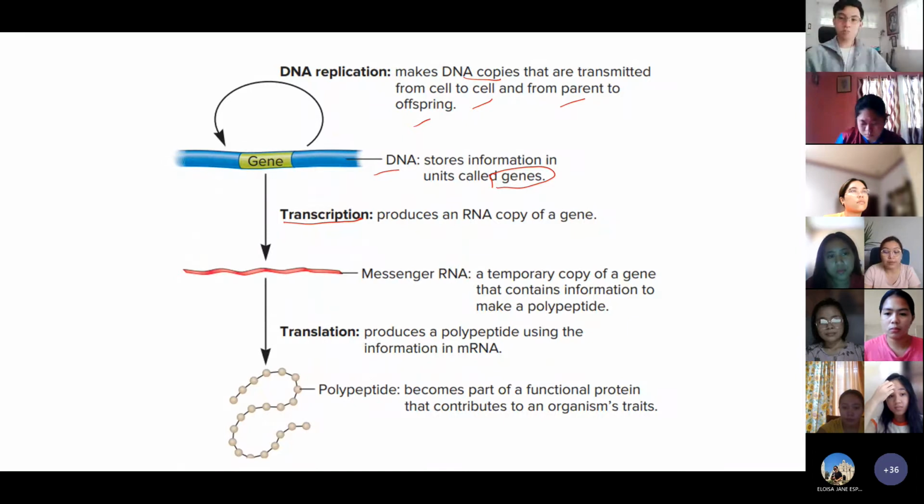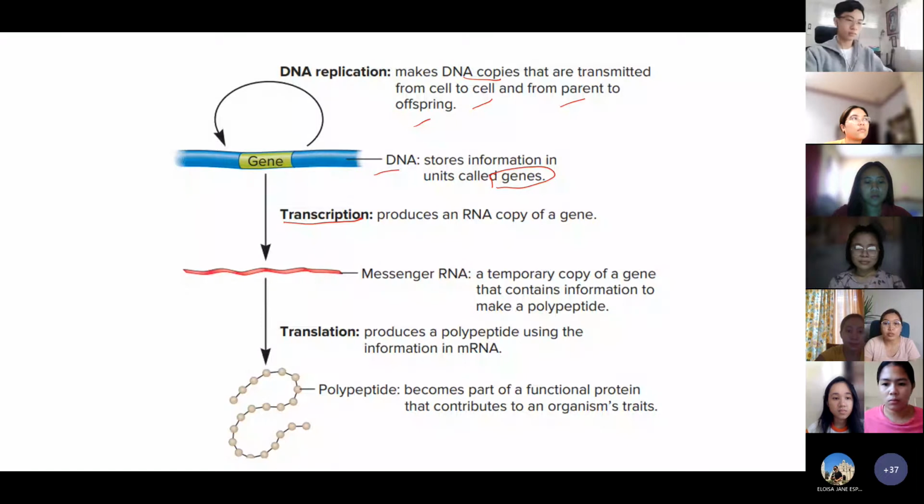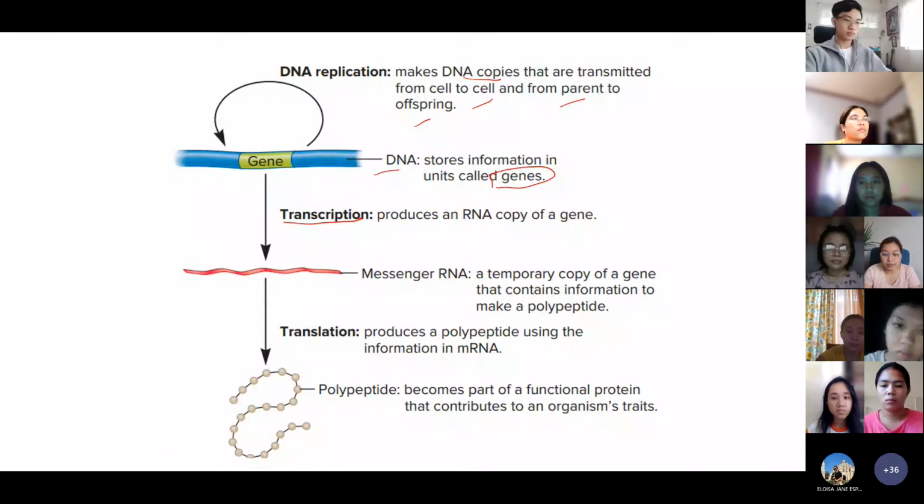So in creating a copy, we have our mRNA, which is a temporary copy that contains the information, and then we translate that to produce your polypeptide using the information that we have taken from our messenger RNA. Your polypeptide will become a part of the functional protein that will contribute to the trait of the organism.